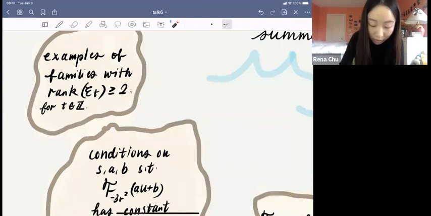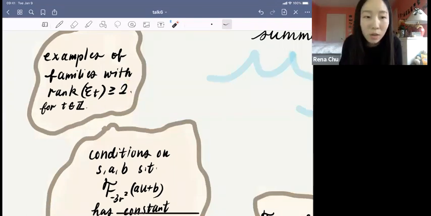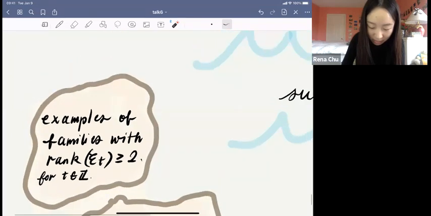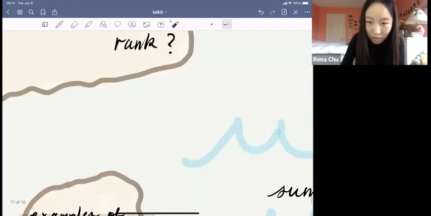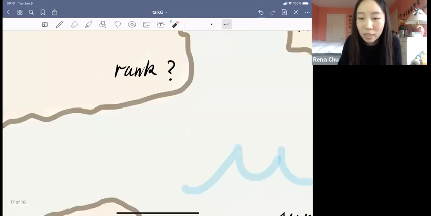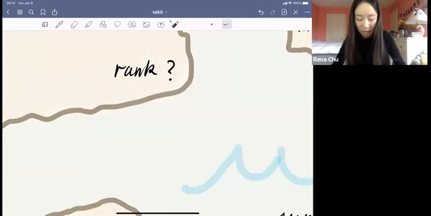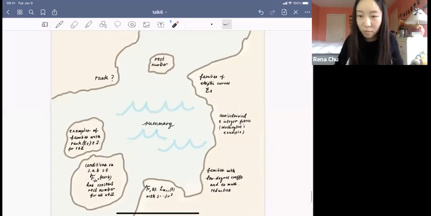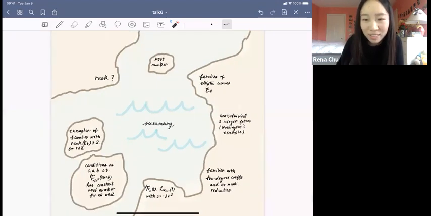So having an entire family, all of whose integer fibers have rank at least 2, is quite interesting. And that just ties back to our original quest to find out more about the rank and to bring some concreteness into the sea of abstraction.